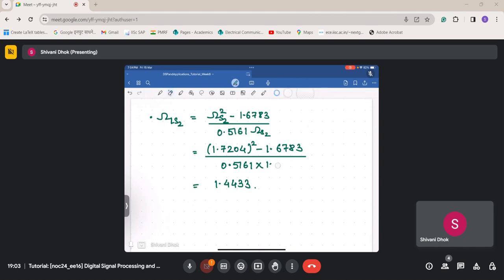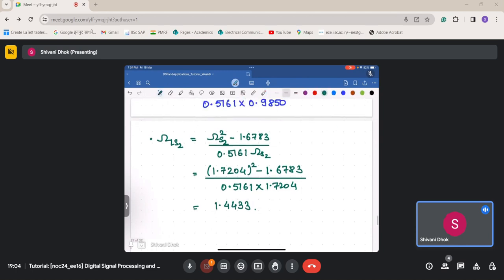I mistakenly substituted omega naught square. It should be 1.7204. If you solve this, this will give you this quantity. This quantity is correct. I mistakenly wrote it wrong here. Thank you for pointing out.